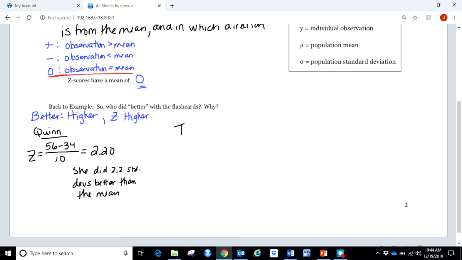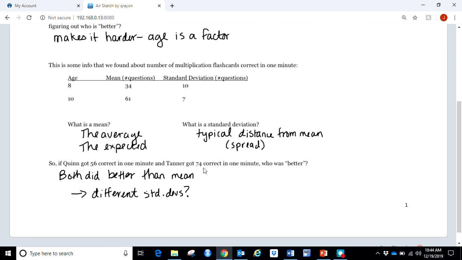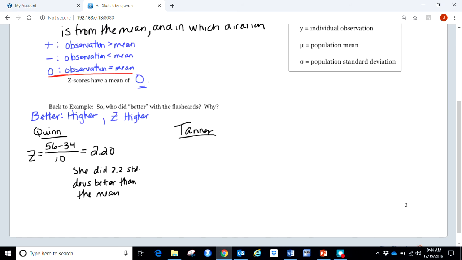Now we can do the same thing for Tanner, but we have to remember, of course, that Tanner is 10 years old. Tanner got 74 correct. His corresponding mean is 61, and his standard deviation is 7. So for his z-score, we'll take 74 minus 61 over 7, and we get 1.86 when we do that in our calculator.